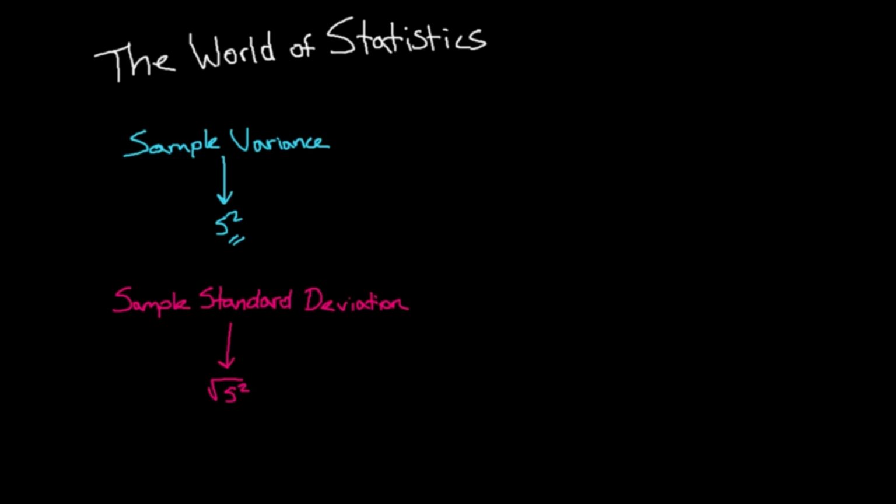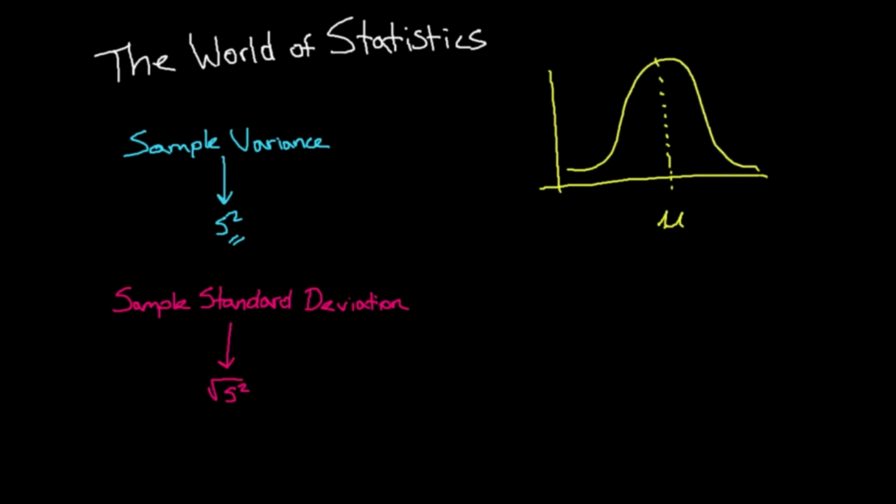To recap what sample variance and standard deviation are, let's draw this out. Let's say we have a population mean here, and one sample that has a really small variance. And let's look at an example where we have a really wide variance.